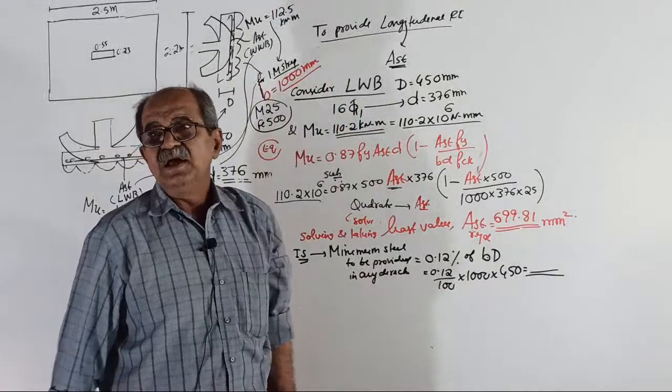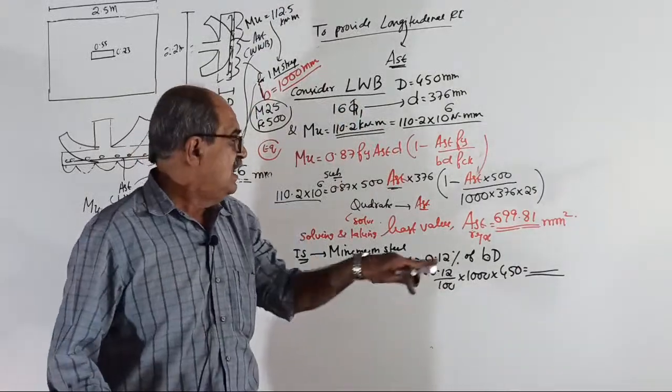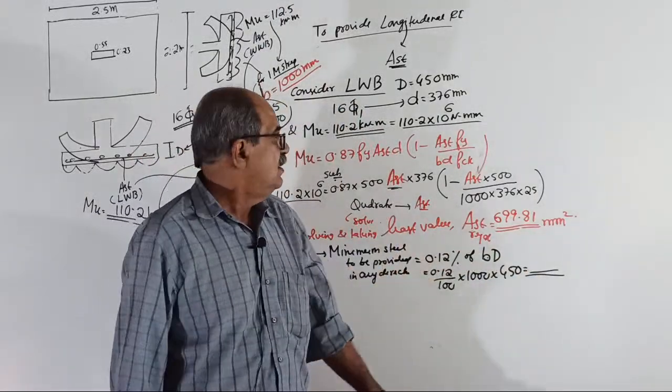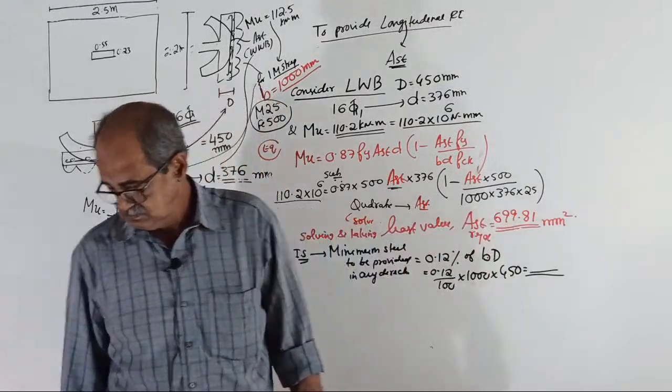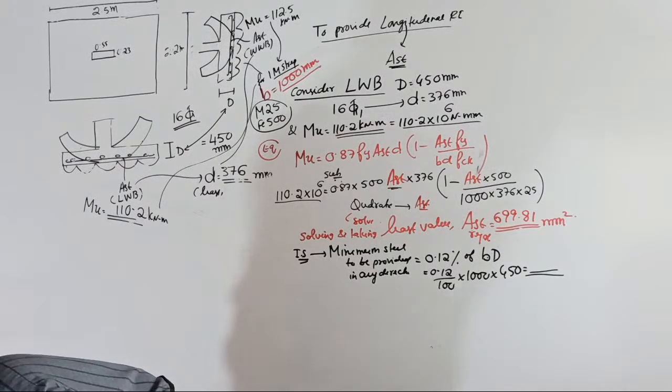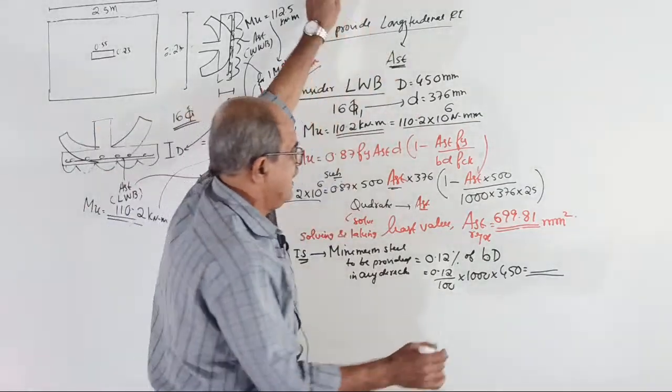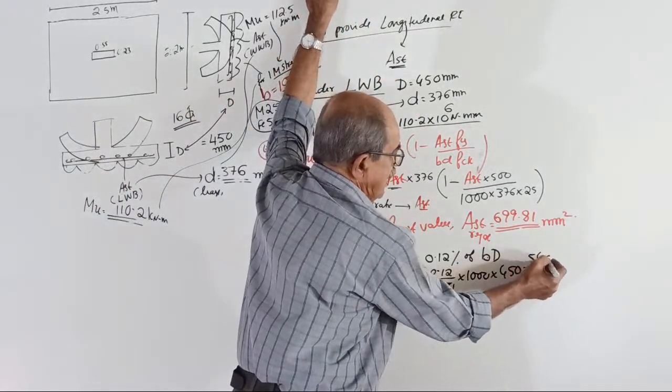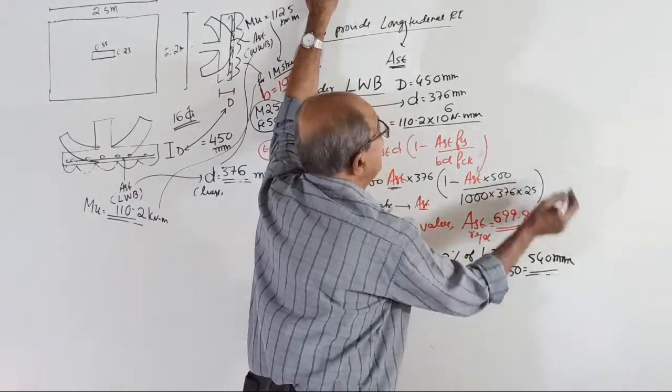You should not give steel less than this value. Less than that you should not provide. 540 mm square.